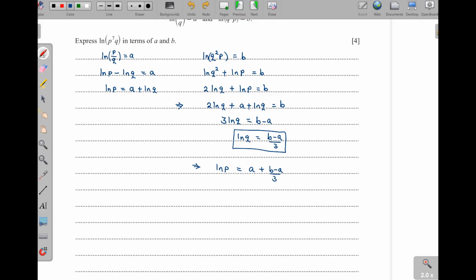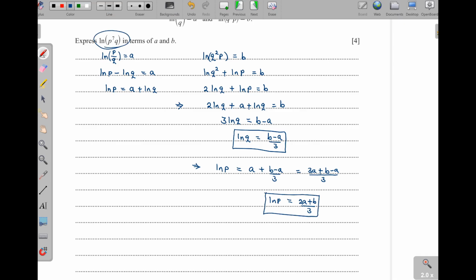That will be 3a minus a, that will be 2a. So we have 3a plus the b minus a out of 3. That means our natural log of p then is going to be 2a plus b out of 3. And that is that.